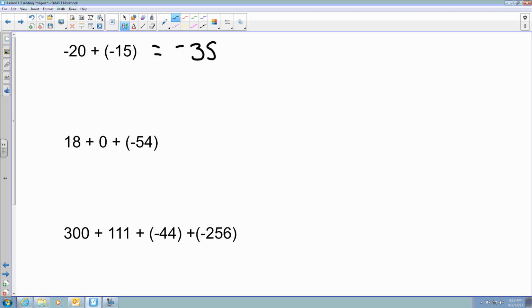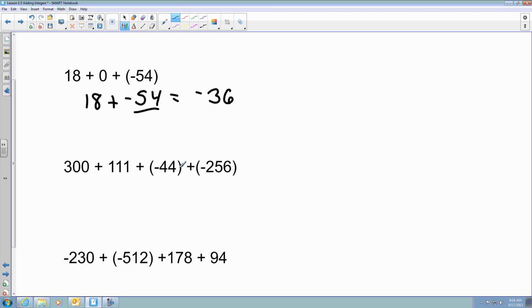If I have 18 plus 0 plus negative 54, well, let's take the first one, 18 plus 0, which is going to give me 18, plus a negative 54. I have to subtract the absolute values because one's positive, one's negative. So that gives me a result of 36. And this number is the larger of the absolute values, and so it becomes a negative 36.